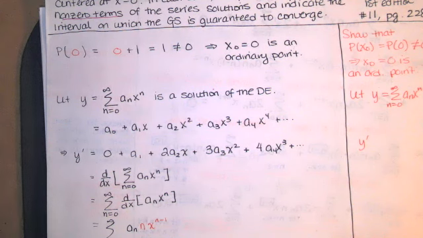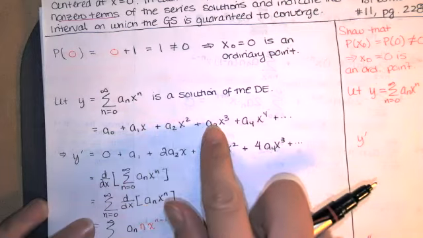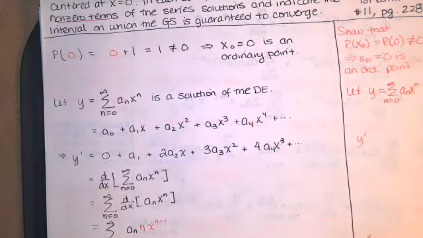And notice, because of that recursive relationship between the different subscripts, we're able to get a sub 2, a sub 3, a sub 4, and so on, all in terms of a sub 0 and a sub 1. That's not an accident. That's going to lead to the two linearly independent infinite series.